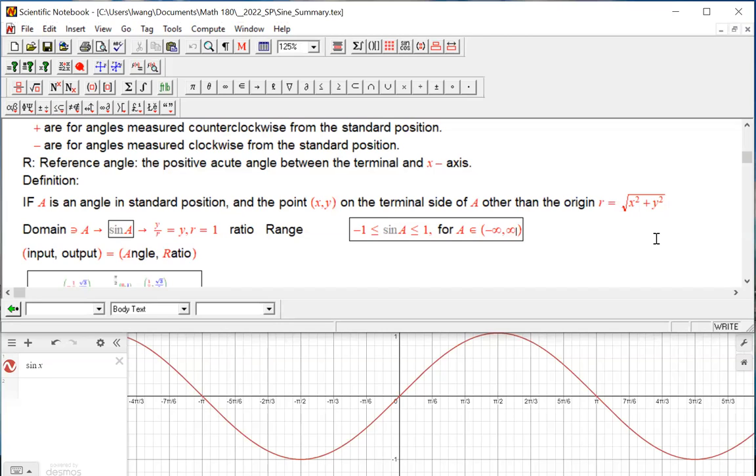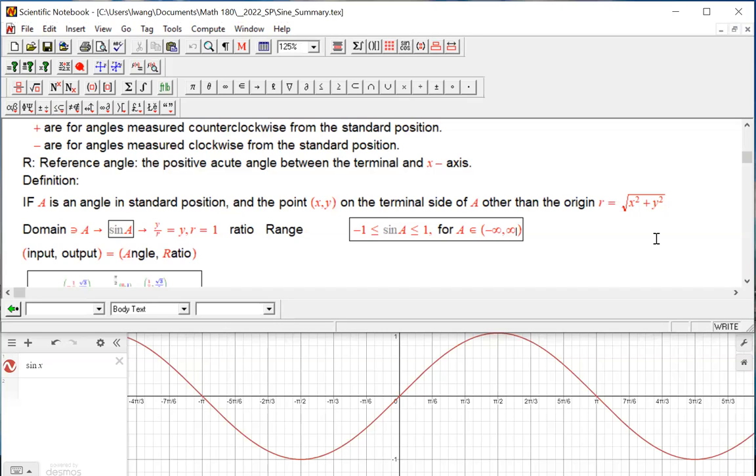This is also laying a model for the study of cosine, tangent, cotangent, etc. When we study cosine, we will also follow this blueprint: is it a function, is it one-to-one, is it increasing, is it decreasing, is it even, is it odd. That's all we do.